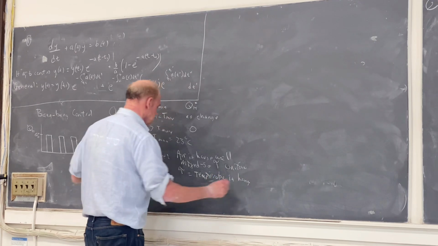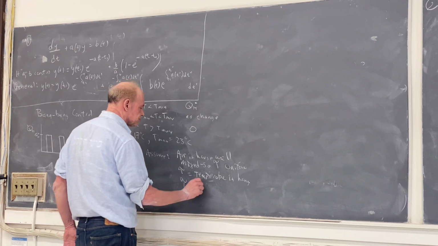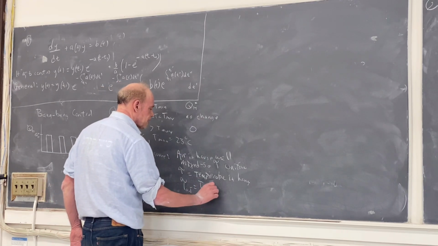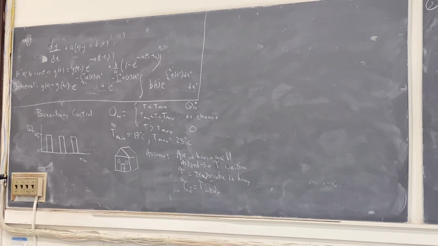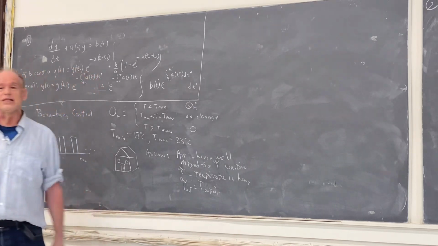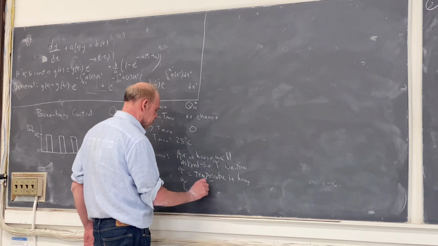In the house. And let's make T out be the outside temperature. And if it's the winter, that could be really cold. In the summer, you don't usually need your heater. So we would make T out the outside temperature.